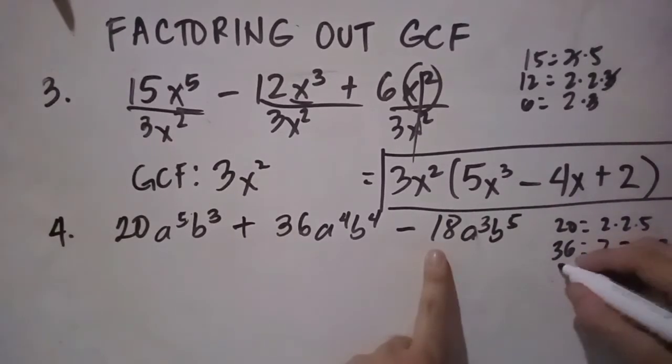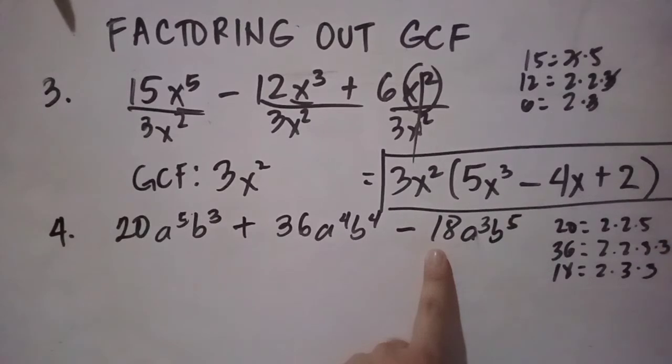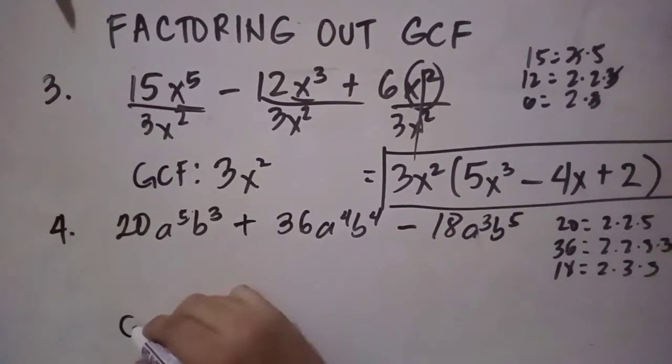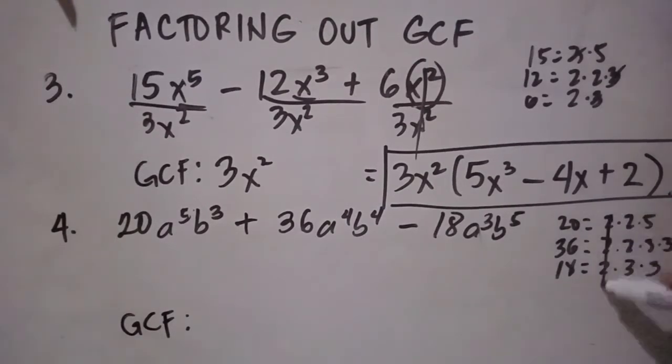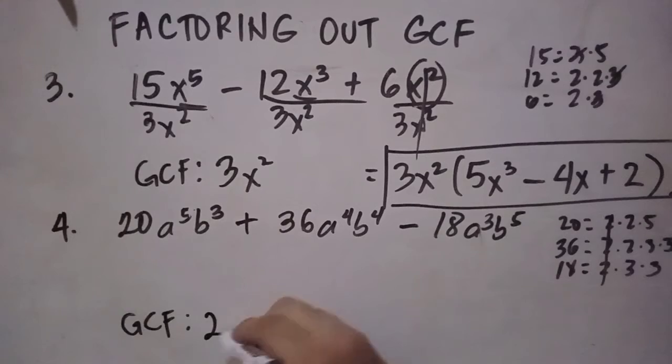Tapos, sa 18 naman, 2 times 3 times 3. Diba? Okay. So, yung GCF, ano ba common factors nila? So, 2. Meron pa ba? Wala na. So, yung GCF nila is 2.